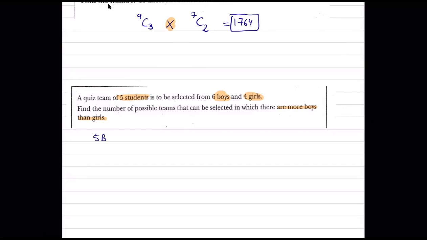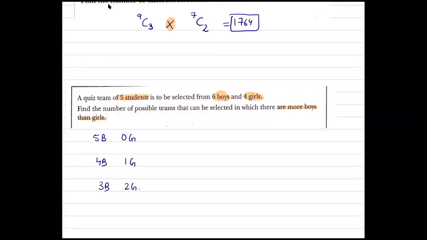Either there can be 5 boys and 0 girls, let's say, because the question didn't mention that all boys could not be together. There is no such restriction. So there could be a possibility of having 5 boys and no girls at all, or 4 boys and 1 girl, and 3 boys and 2 girls.